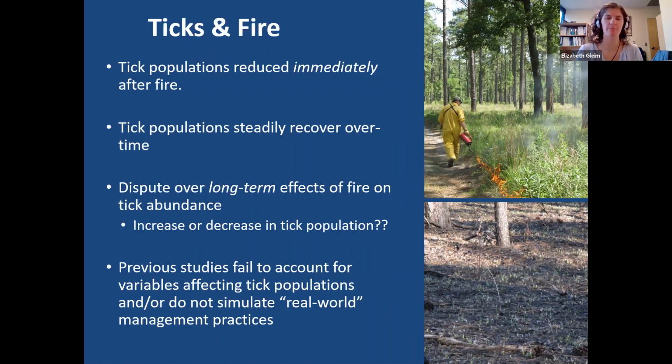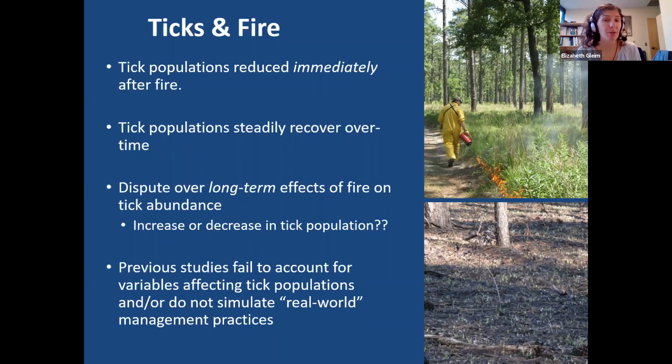So what we did for this particular project was we established 21 different sites in southwestern Georgia. Some of those sites had been subjected to long-term prescribed burning, meaning that they had been burned for at least 10 years, with burns happening every 2 to 4 years.